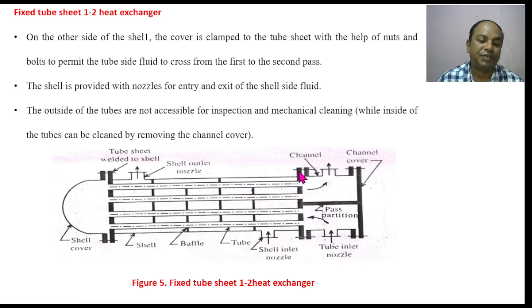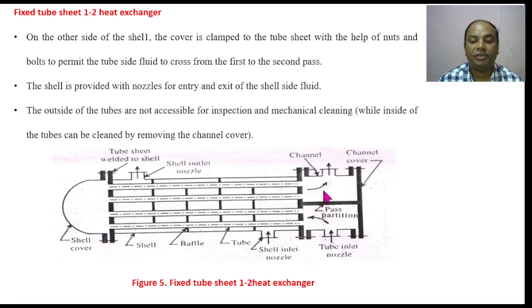This tube sheet is fixed, as well as the tube bundles are fixed in the tube sheet. So mechanical cleaning from outside is not possible. However, mechanical cleaning from inside is possible.